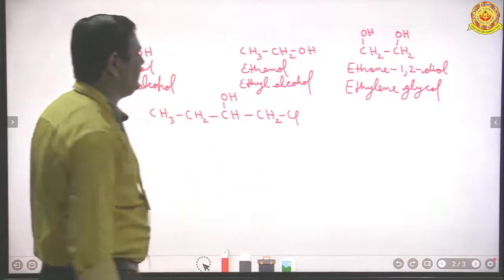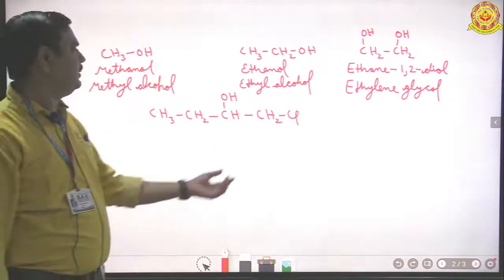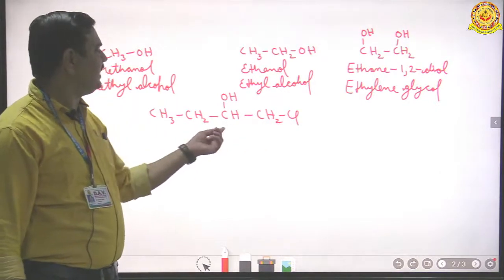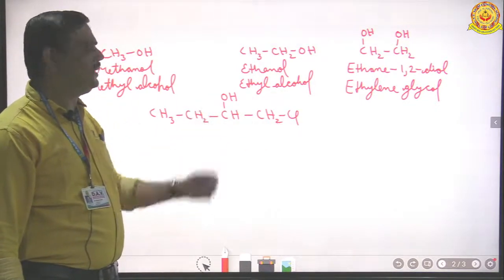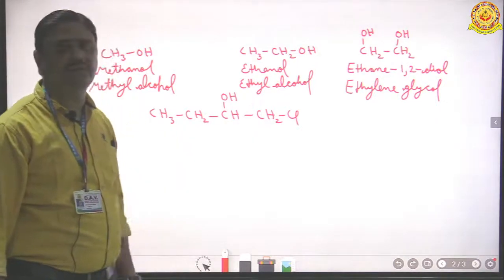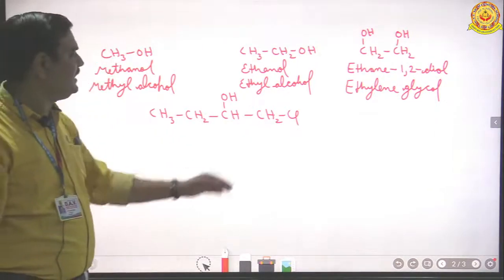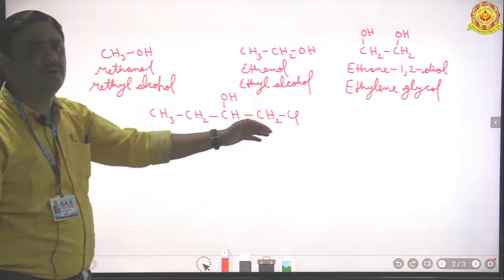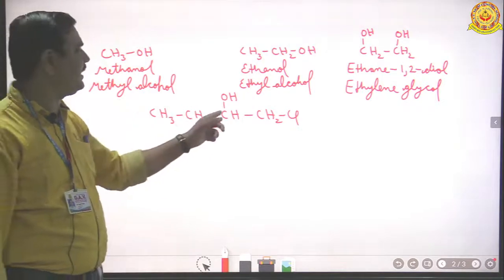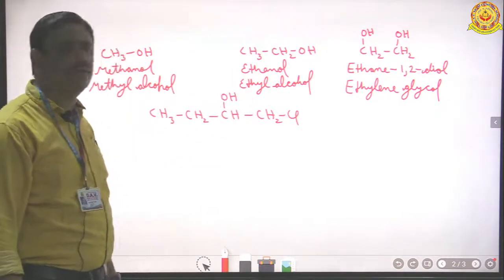Now just check this compound. Here at this terminal carbon, chlorine is attached, and to the next carbon, a hydroxyl group is attached. Now you know that chlorine is used in prefix, meaning it is less prior or less dominant, and hydroxyl is used in suffix. That's why hydroxyl is more dominant than chlorine.